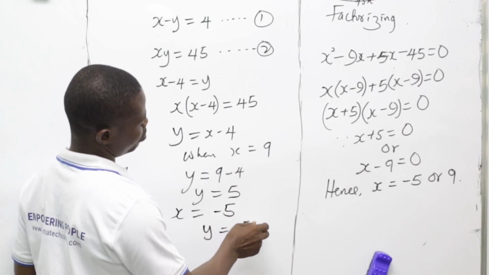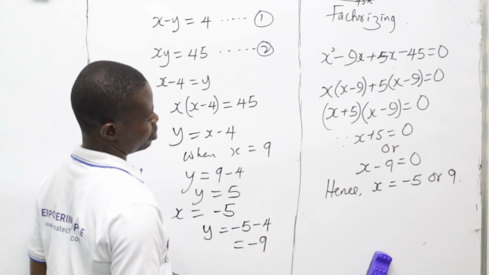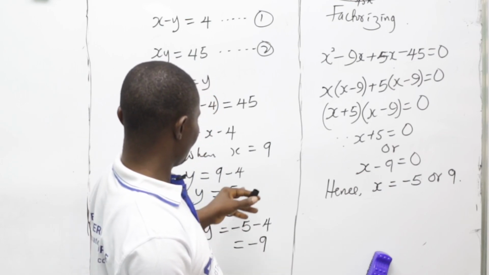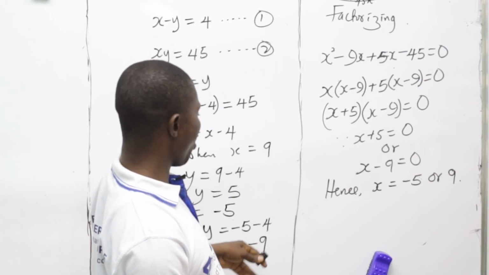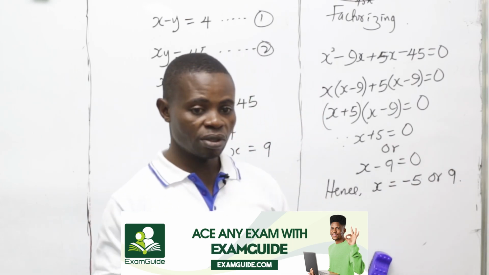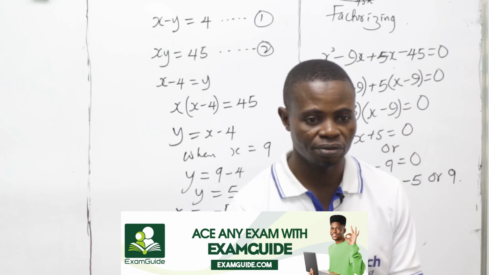Minus 5 minus 4 to give us minus 9. So the numbers are 5 and minus 9, or minus 5 and plus 9. That is the solution to that question.